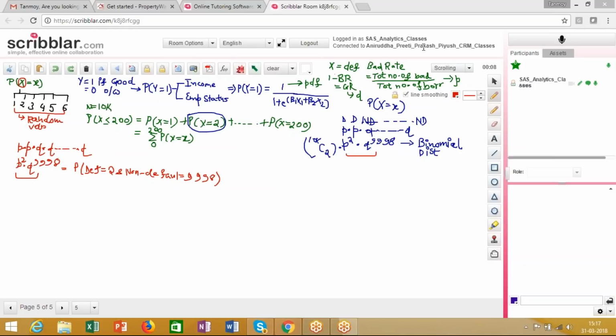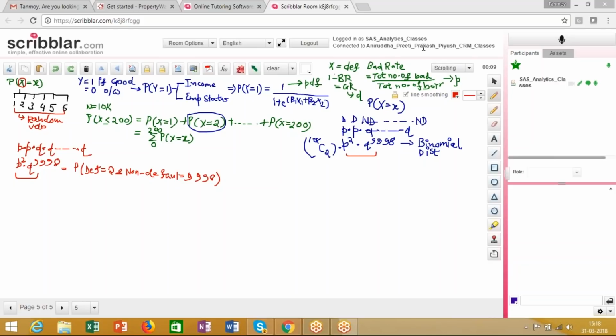Again, if you see it in another way, Anirudh, if I want to compute the probability that the default is less than 2, it means the default is less than 2 and non-default is greater than 9,999.